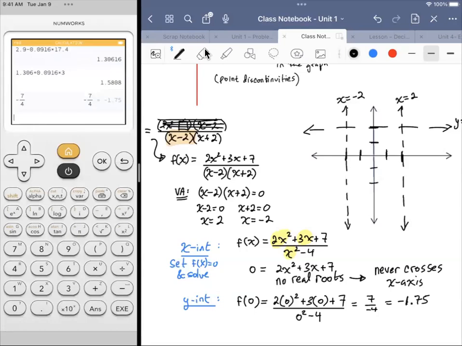I'm going by one, so I don't have to label that. I have a y-intercept here, roughly. This curve is never crossing the x-axis, so I don't have to worry about things like multiplicity. It has to approach these two vertical lines and go through this point.